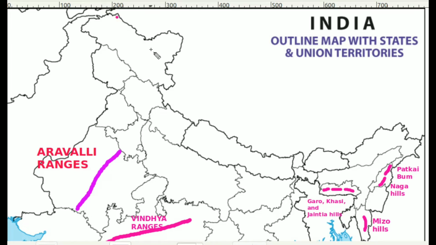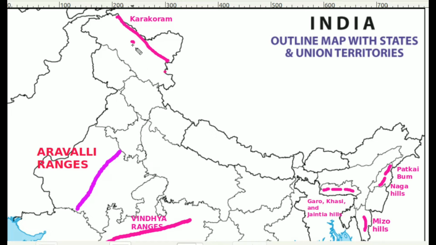Now we are going to the northern mountain ranges. First of all, we are marking the Trans-Himalaya, including three ranges. First of all, this is the Karakoram range in Jammu Kashmir. Then you can mark Ladakh on the south side of Karakoram.